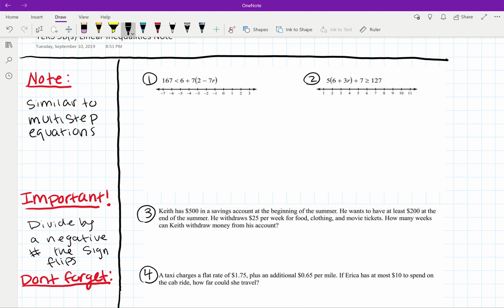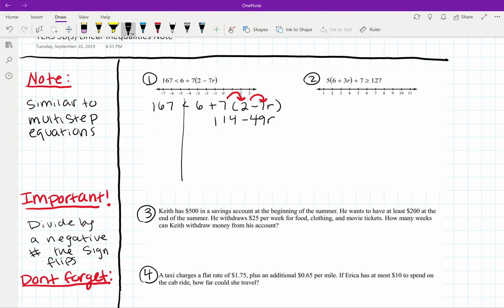Number 1. So let me rewrite this. So I have 167 is less than 6 plus 7 parentheses 2 minus 7r. So just like multi-step equations, my first step is to distribute the 7. So when I distribute the 7, I get 7 times 2, which is 14, and 7 times negative 7r, which is negative 49r.